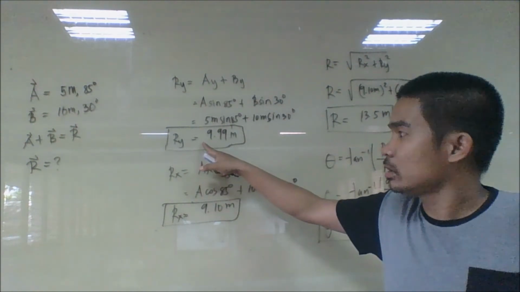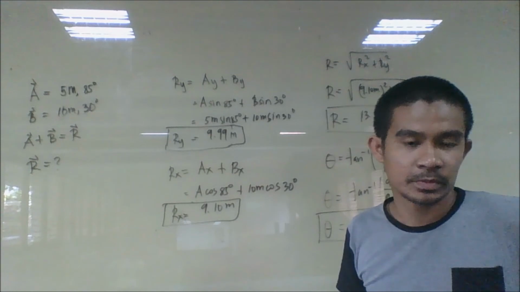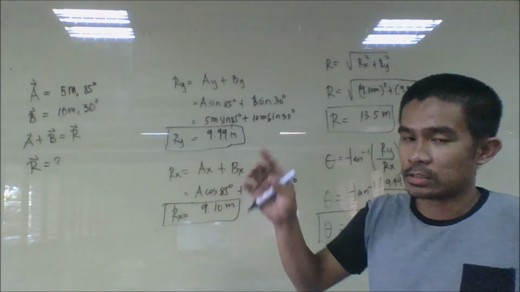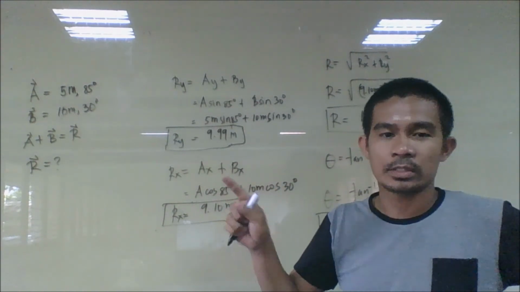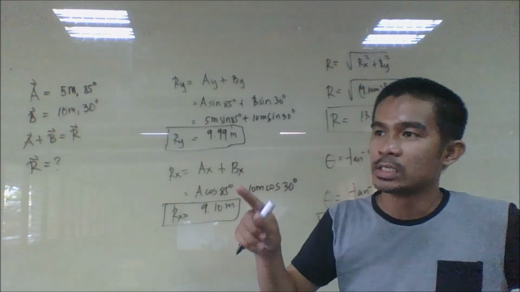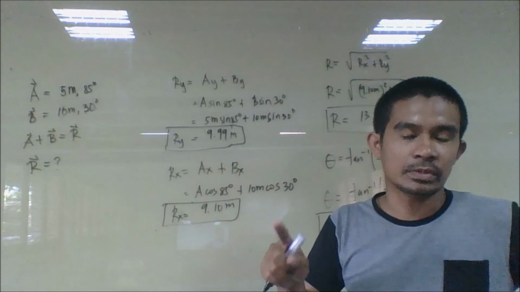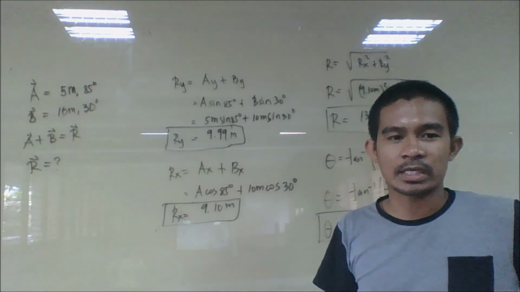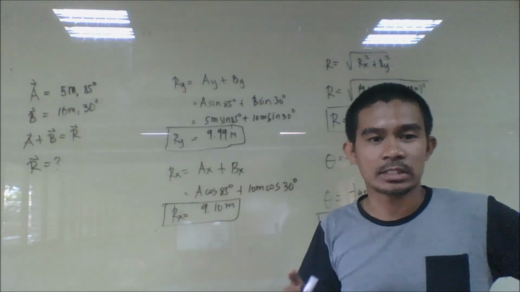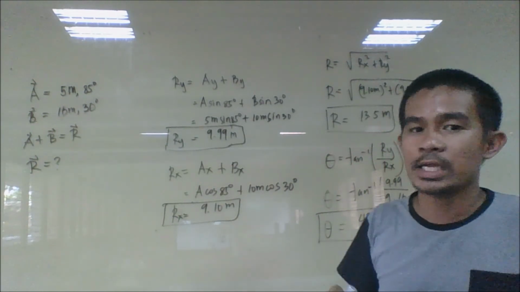All components are positive. In Cartesian coordinate system, at quadrant 1, x and y are positive. At quadrant 2, x value is negative, y value is positive. The third quadrant, x value is negative as well as the y value.